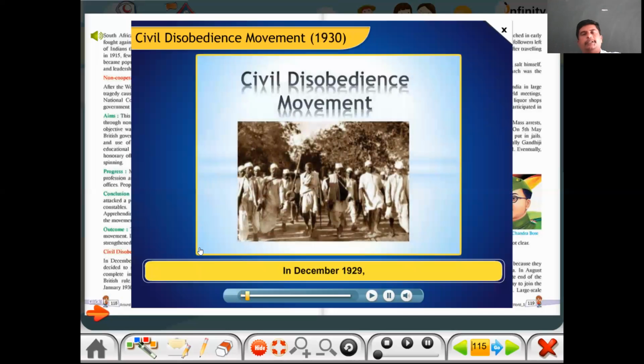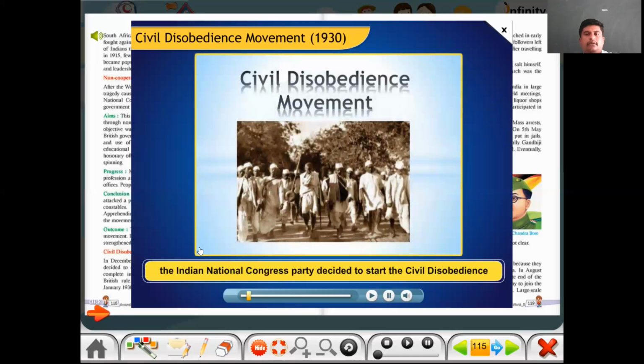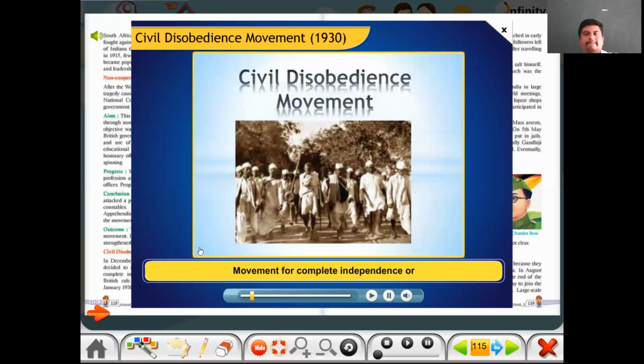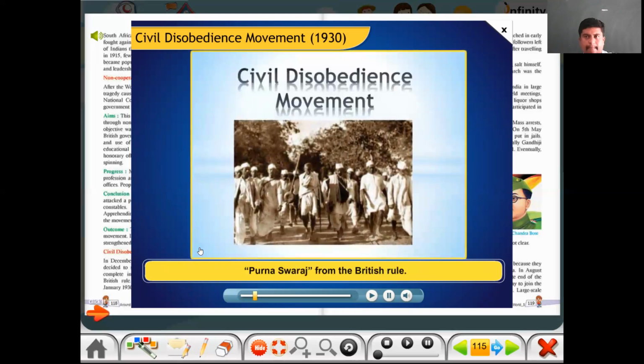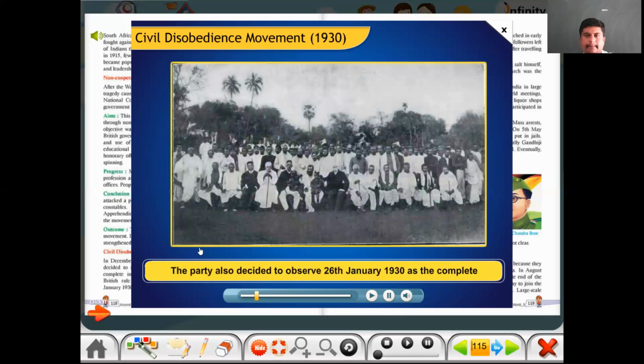In December 1929, the Indian National Congress Party decided to start the Civil Disobedience Movement for complete independence, or Purna Swaraj, from the British rule. The party also decided to observe 26th January 1930 as the Complete Independence Day.